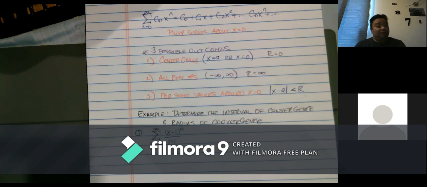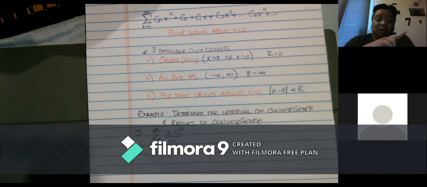All right, so from here we can use pretty much any of the tests that we went over in the previous sections. Now, obviously, we want absolute convergence, because we don't want to see if it's conditionally going to converge or not. And so we want to test for absolute convergence.